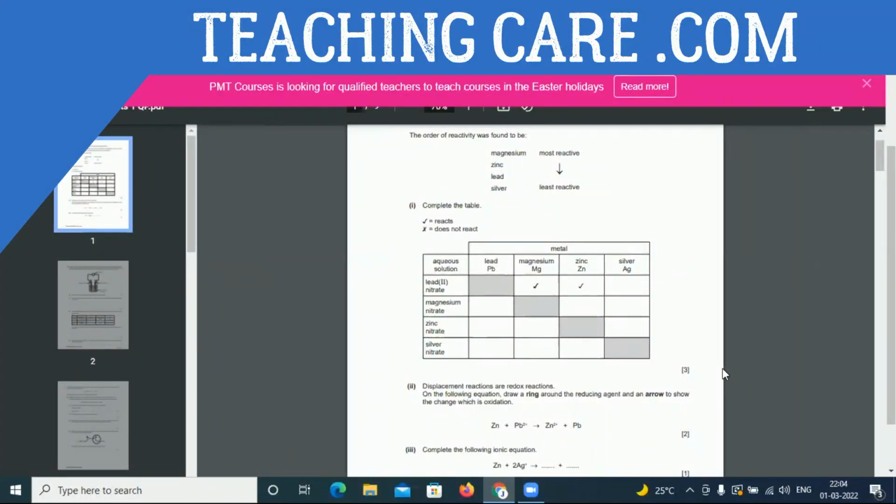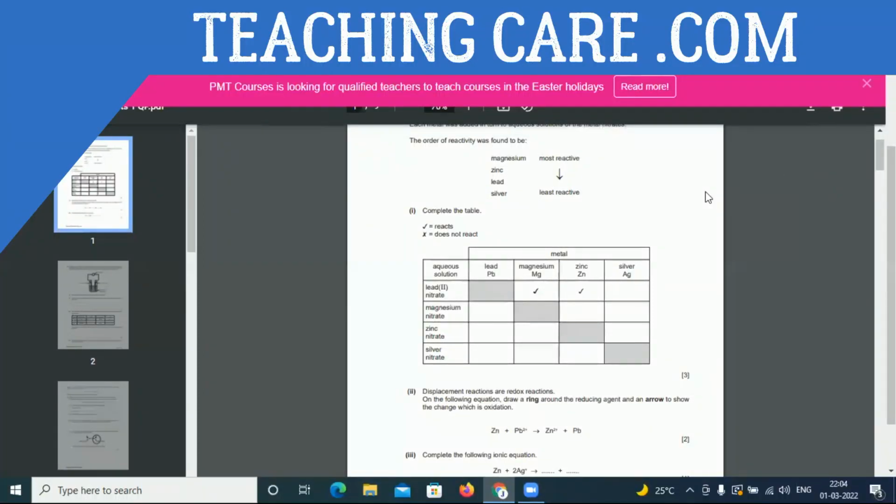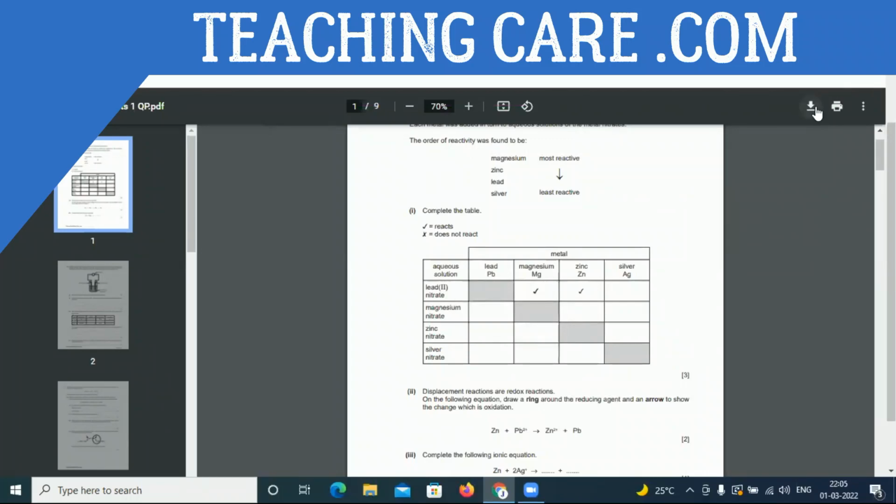I'll try, but you're kind of zoomed out. Can you zoom in a bit? If I zoom it, I don't have any option. Give me a minute. I'll download it. That'll be better for me.